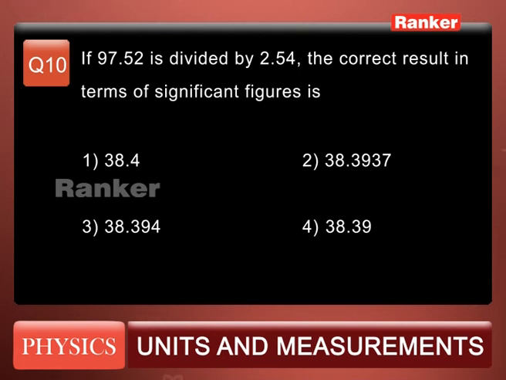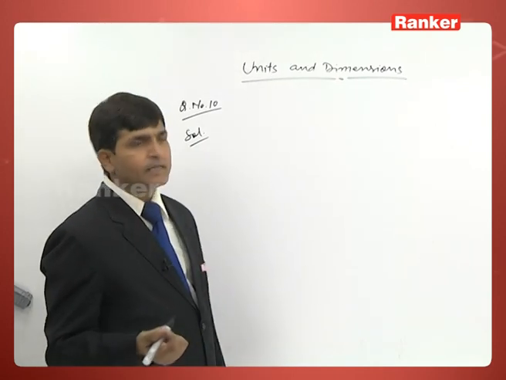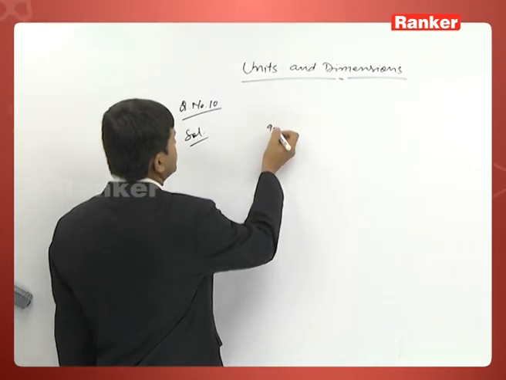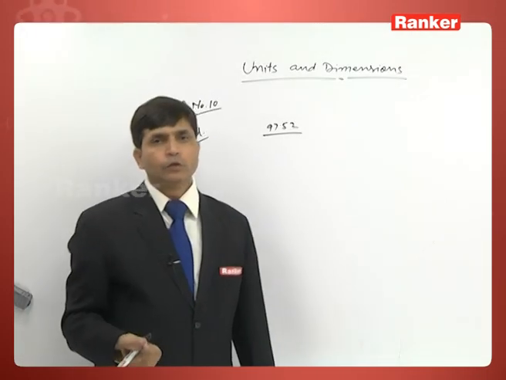So it is a division; we have to divide 97.52 by 2.54.